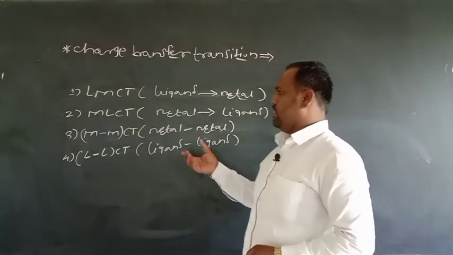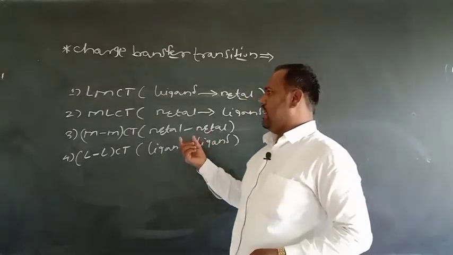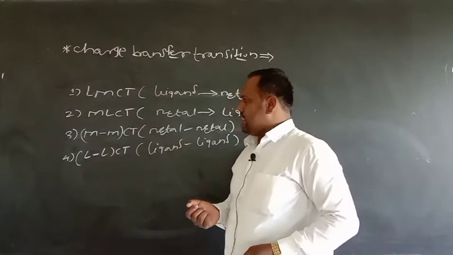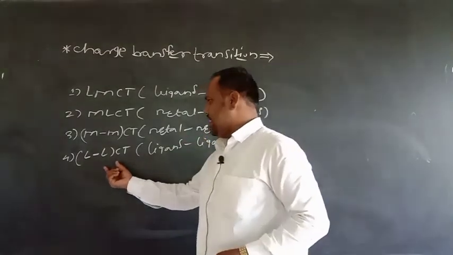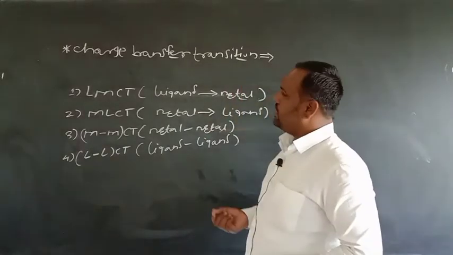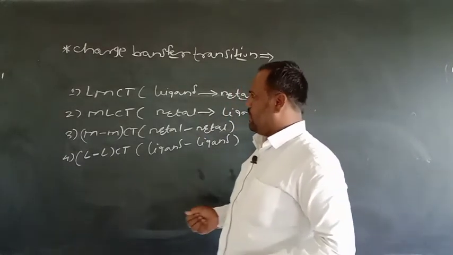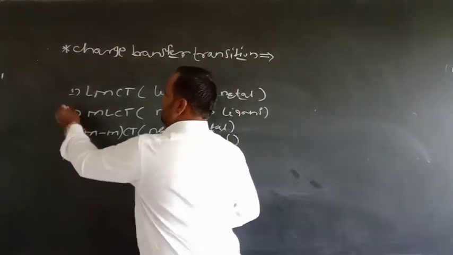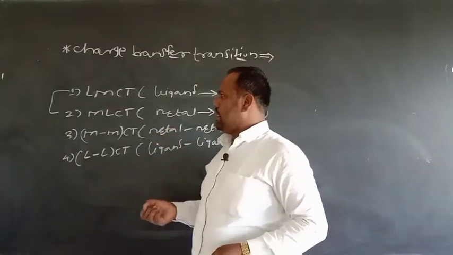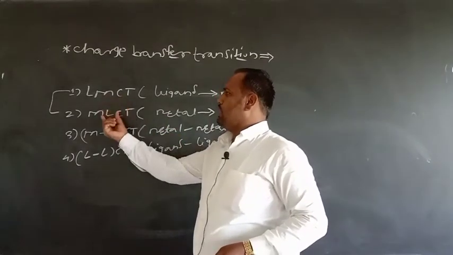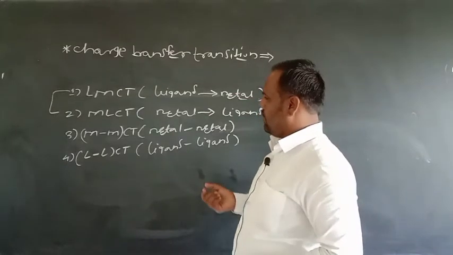So these are the main 4 types of charge transfer transition: LMCT, MLCT, MMCT, that is metal to metal charge transfer transition, and LLCT, that is ligand to ligand charge transfer transition. Out of these 4 types, complexes made up of transition metal atoms show these 2 types of transition, ligand to metal and metal to ligand charge transfer transition.